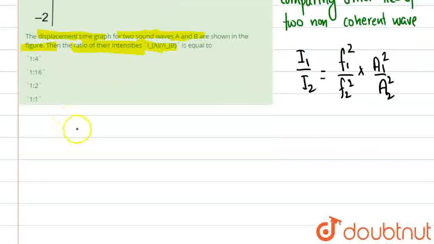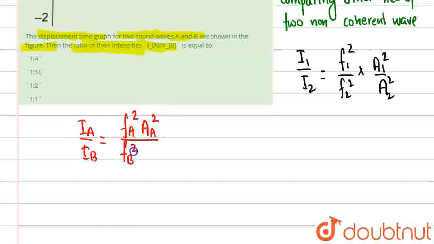So how are we going to use it? IA divided by IB will be equal to FA square AA square divided by FB square into AB square.